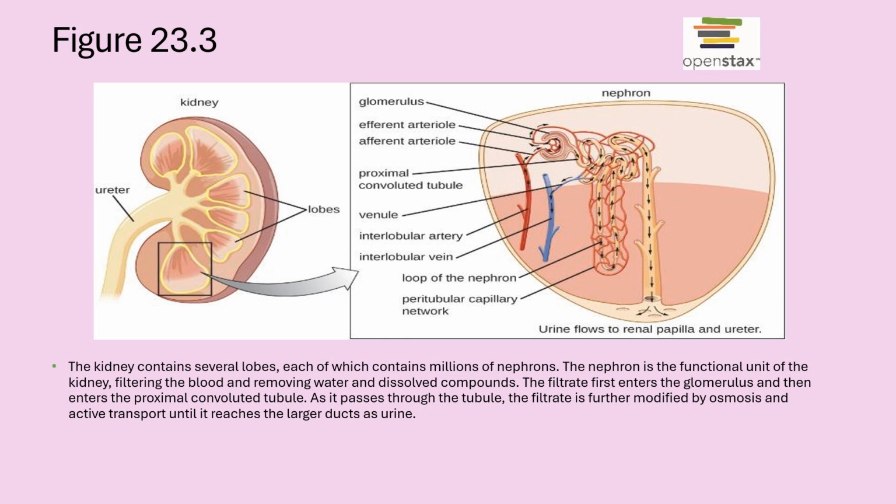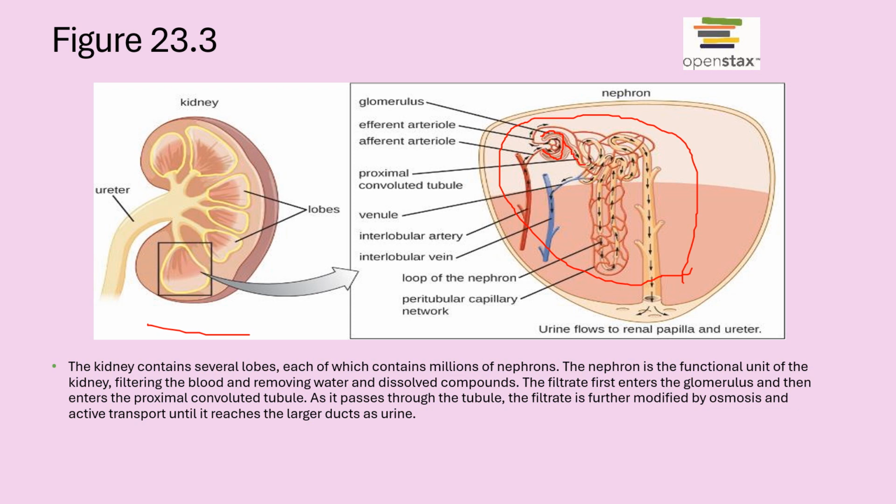In this picture of the kidney, the kidneys are divided into these different lobes or sections. Within each kidney, you have millions of these nephrons. The nephron is the functional unit for the kidney. This is where the blood's going to come in, and right up here is what's called the glomerulus, where you're going to filter the blood, and this is where you start producing the urine.